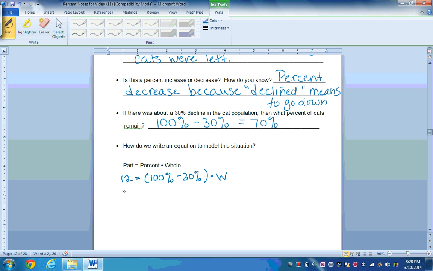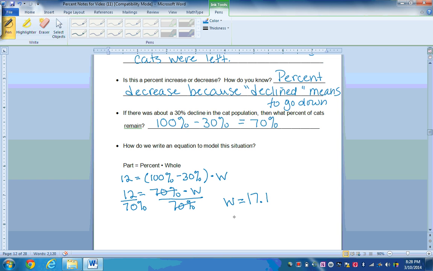Okay, let's solve this equation. 12 is equal to, let's actually subtract that and call it 70% times W. Divide by 70%, divide by 70%. Those cancel. Go ahead on your calculator, do 12 divided by 70%, and we find that W is equal to 17.1. Can we have 17.1 cats? No, we can't.